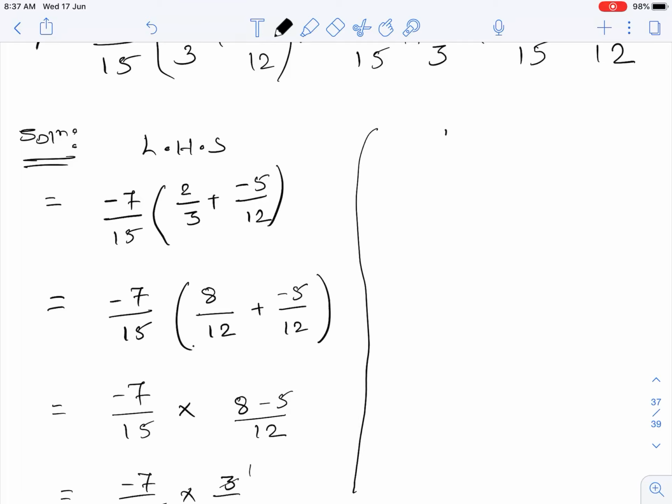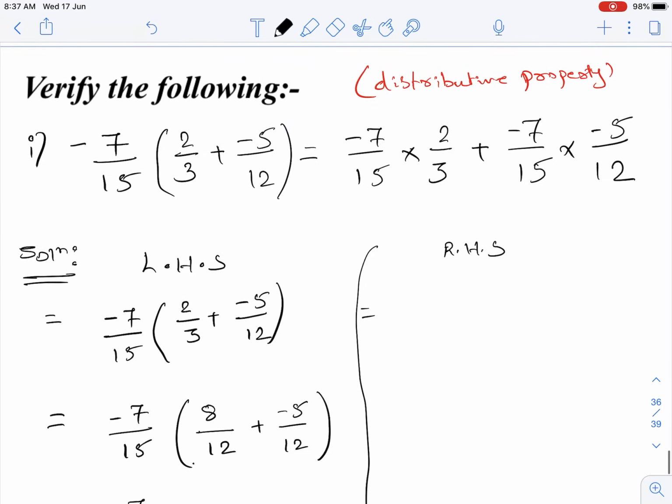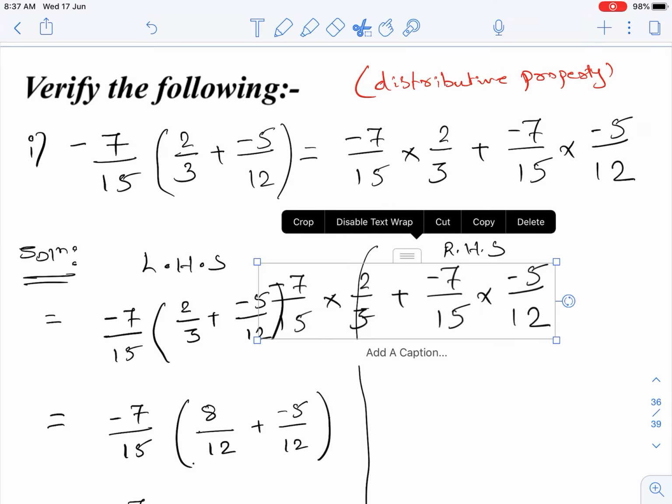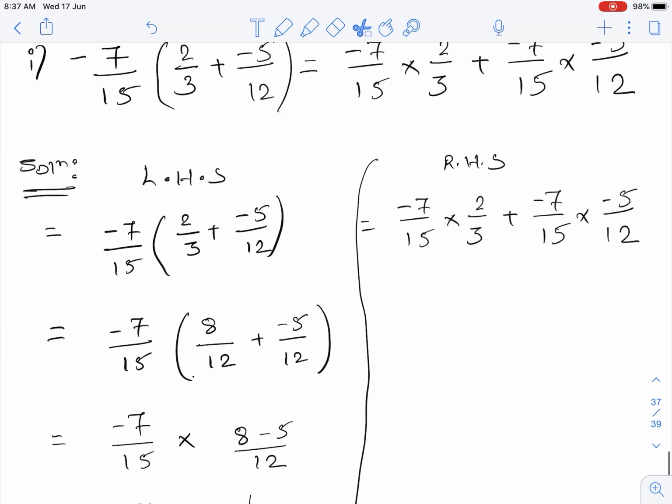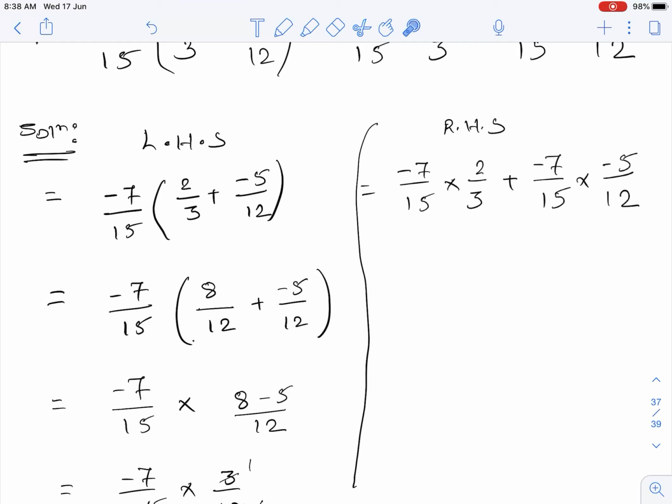So now I'm writing here RHS equals to, minus 7 upon 15 into 2 upon 3 plus minus 7 upon 15 into minus 5 upon 12.